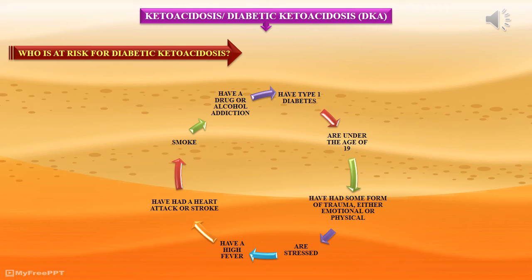Let's see who is at risk for diabetic ketoacidosis. Those who have type 1 diabetes, those who are under the age of 19, those who have had some form of trauma, either emotional or physical, who are stressed, who have a high fever, who have had a heart attack or stroke, who smoke, and who have a drug or alcohol addiction.